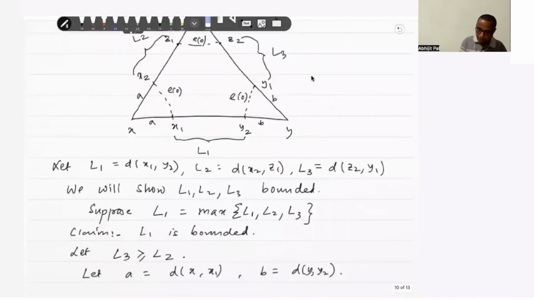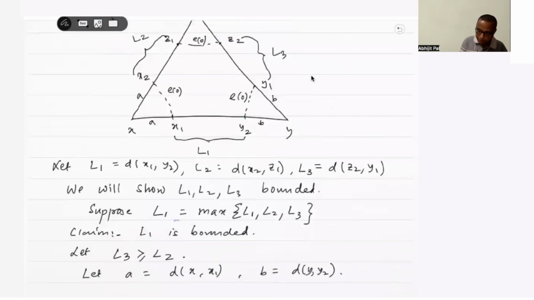Okay. So now suppose this L1 is the maximum of L1, L2, L3. If I prove that this L1 is bounded, then this will prove that L2 and L3 are also bounded. And let us also take this L1 to be greater than or equal to 2.